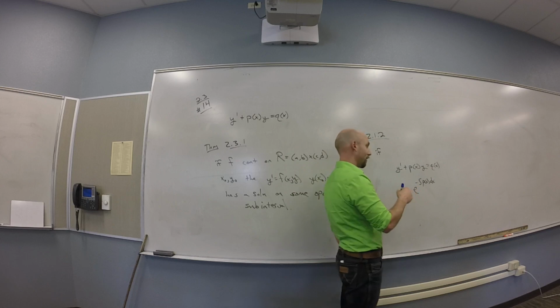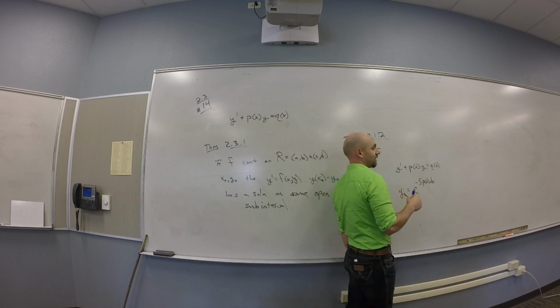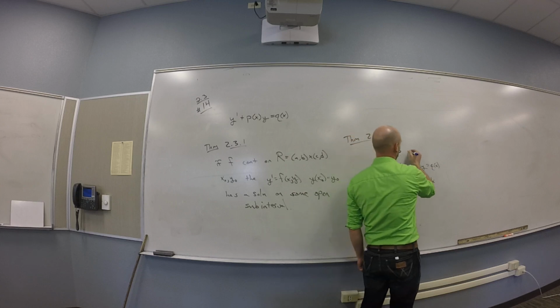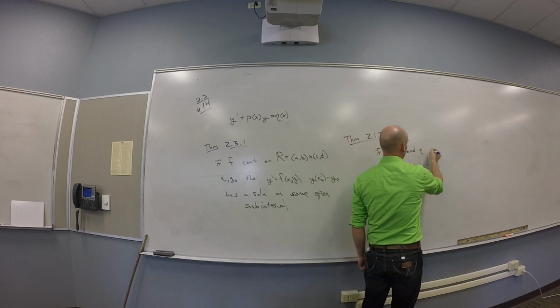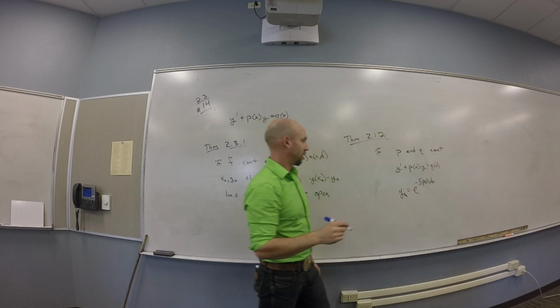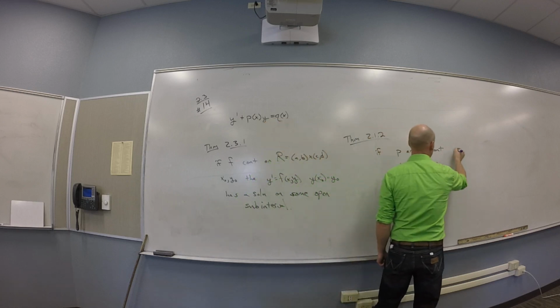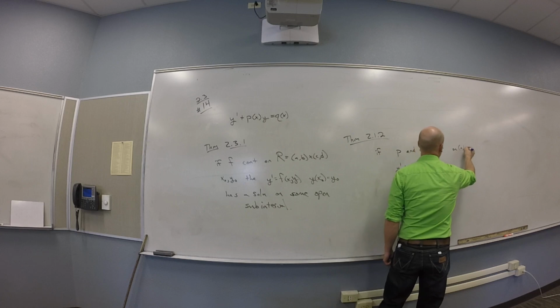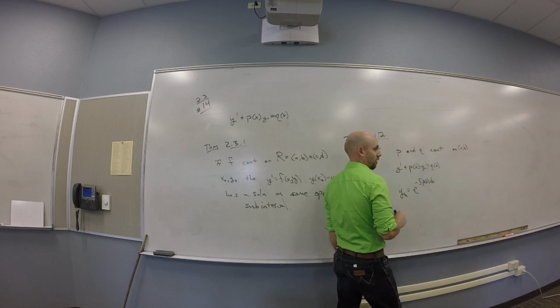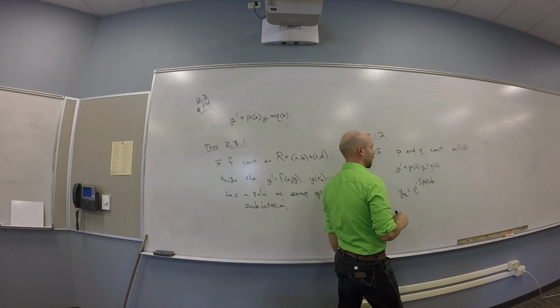Yes. Okay, what's it exactly say? If p and q are continuous on AB, then every solution of that on AB can be obtained by choosing a value for the constant c in the general solution, and if x naught is any point in AB and y naught is arbitrary, then the initial value problem has a solution.